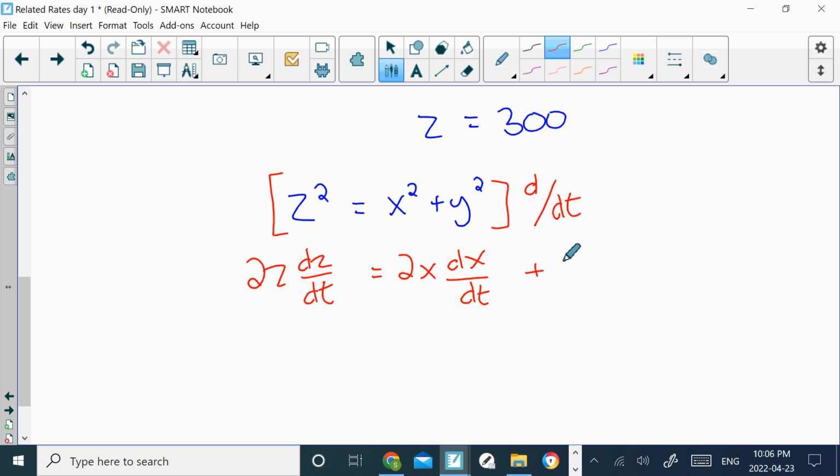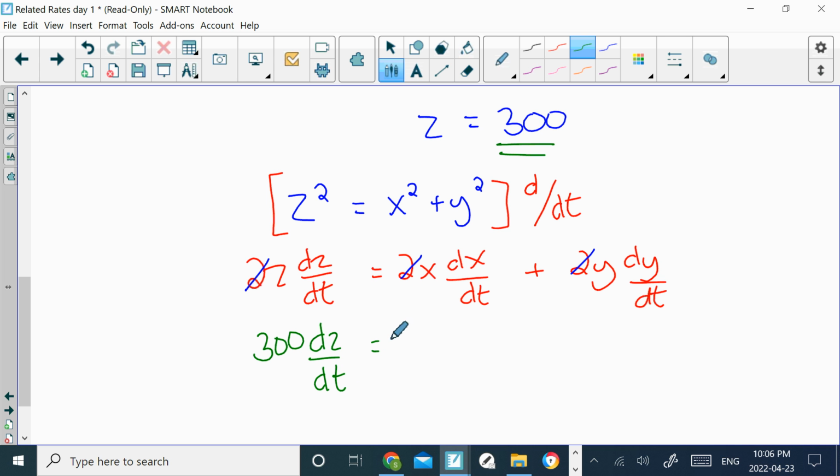And the derivative of y squared is 2y dy/dt. Again, let's divide everything by 2. We calculated z to be 300. We want dz/dt. x was 180 miles, and the rate dx/dt was 60. And y is 240 miles, and the rate of y, dy/dt, was 80.